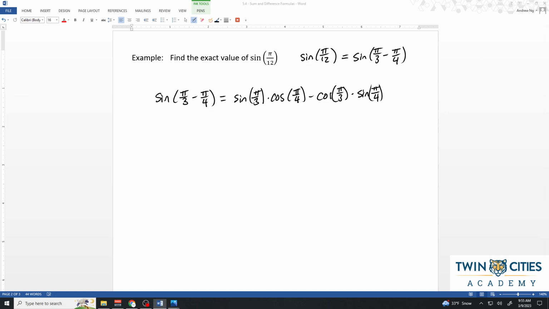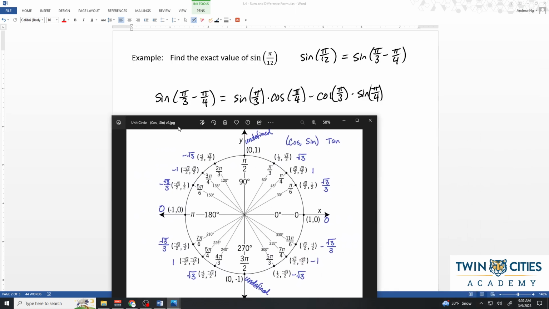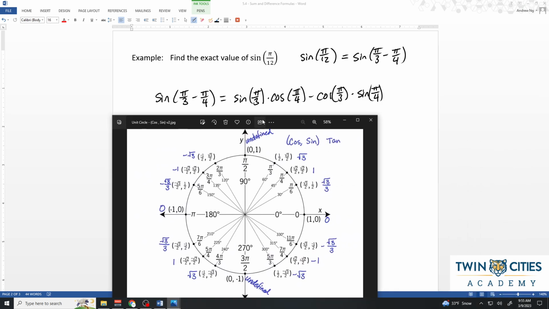Well, let's bring the unit circle over now. Pi over 3 and pi over 4 are right here. The cosine of pi over 3 and cosine of pi over 4 are 1/2 and square root of 2 over 2, respectively. And the sines are square root of 3 over 2 and square root of 2 over 2, respectively.